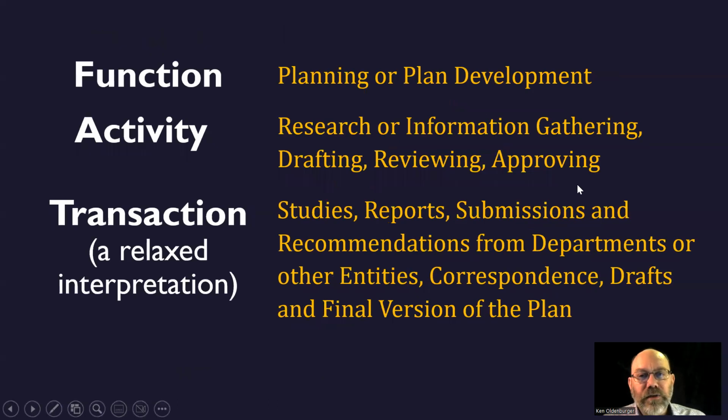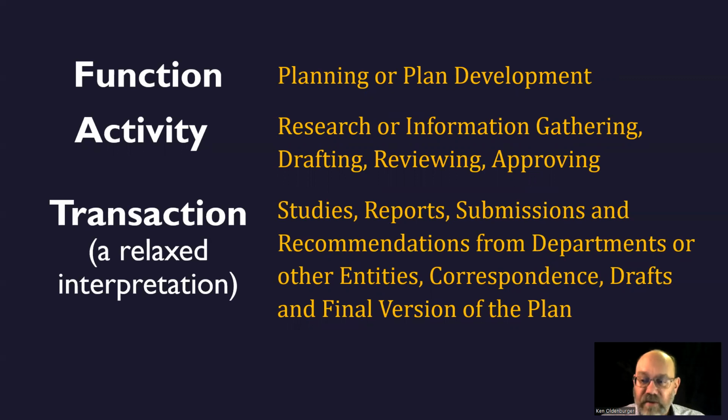So let's take another example of these three. If we take planning or plan development as the function that we're talking about, the different types of activities that we might see in achieving that function would be: you do some research, you might do some information gathering from other staff members or from other departments, you draft, you do reviews of the draft, and then you approve the draft.